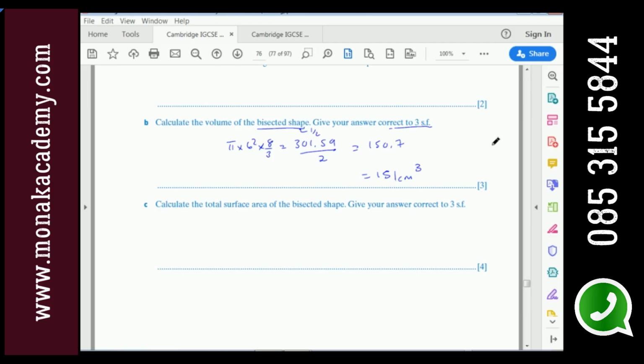Calculate the total surface area of the bisected shape. Give your answer correct to 3 significant figures. All right. Before you say anything, let's go back to you.